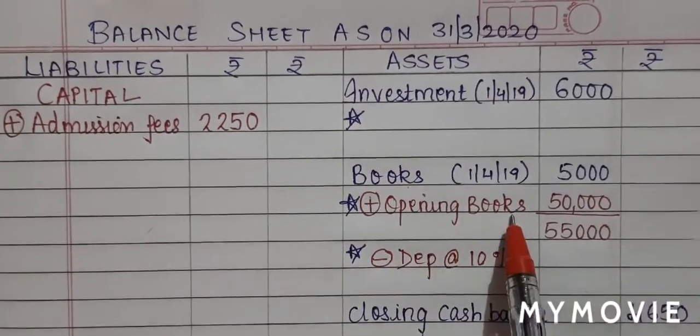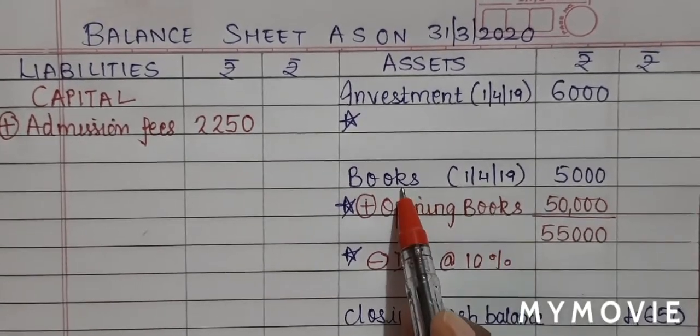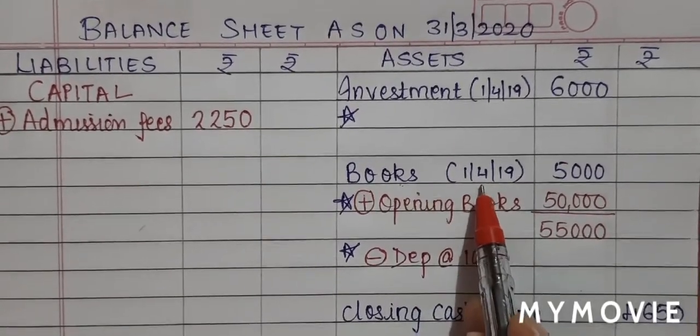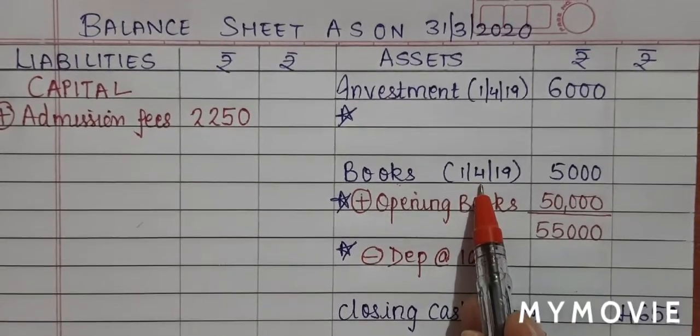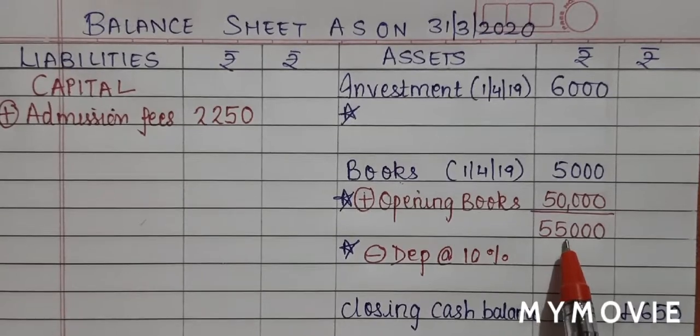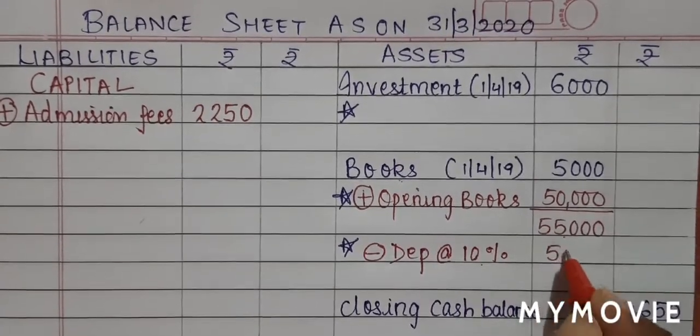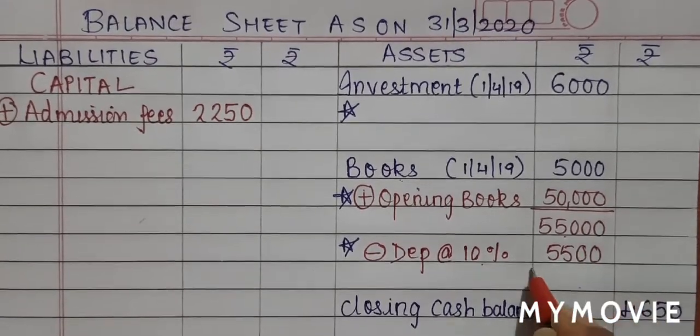Now opening books, which means I will have to charge depreciation for full year. The books were also purchased on 1st April, which means depreciation will again be charged for full year. So I can directly calculate my depreciation. 55,000, 10% for full year will be 5,500.